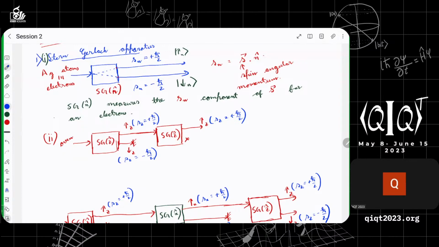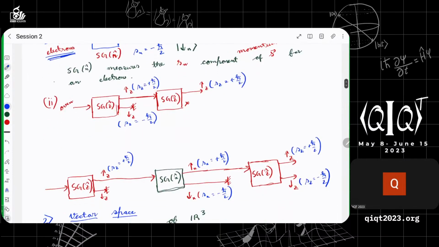So we can get exactly equivalent results if we used a beam of electrons instead of a beam of silver atoms. Since the spin of the electron is what is making the difference, from now on we will talk about the Stern-Gerlach apparatus in terms of electrons only, for the sake of simplicity, because the other degrees of freedom of the silver atoms are not really coming into play here.